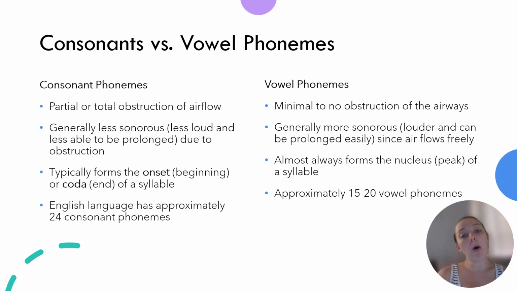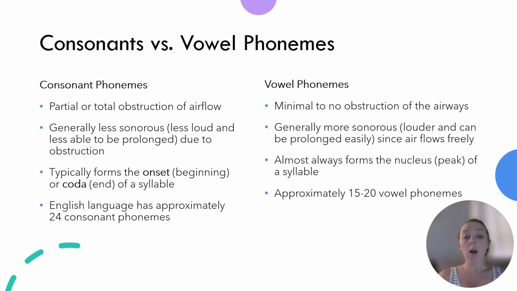Then there are vowel phonemes. With vowel phonemes, there's minimal to no obstruction of the airways. They are generally more sonorous, meaning louder, and can be prolonged easily since the air flows freely. The vowel phonemes almost always form the nucleus or the peak of a syllable.